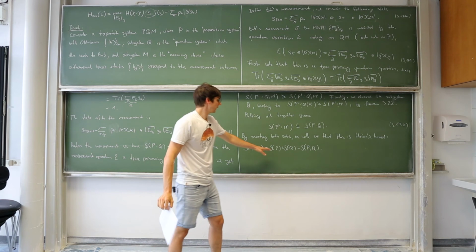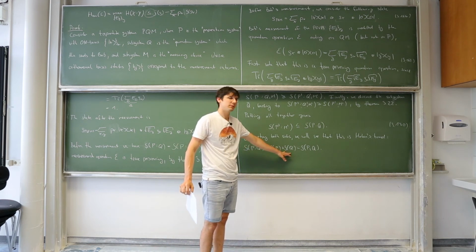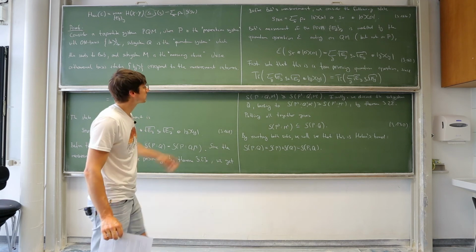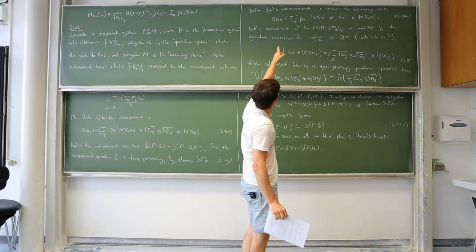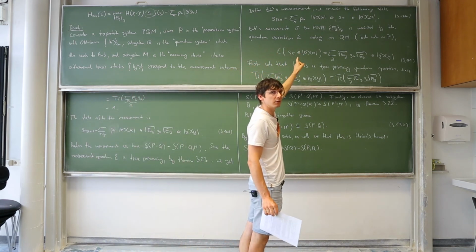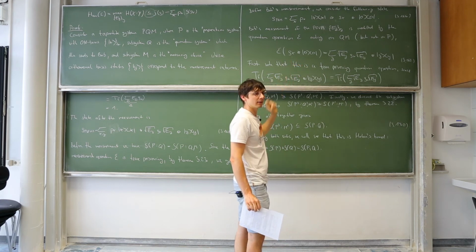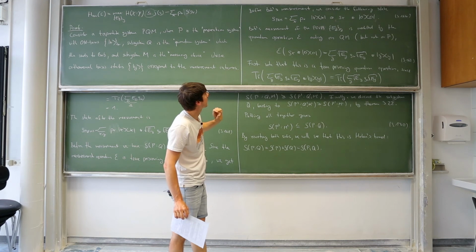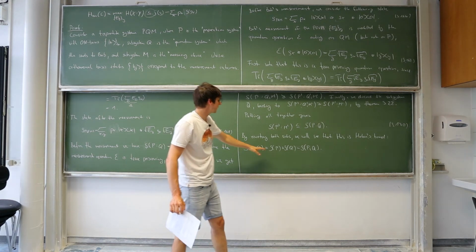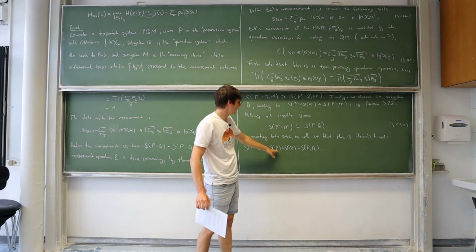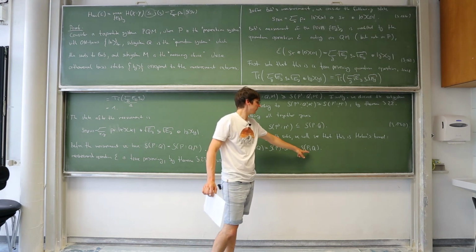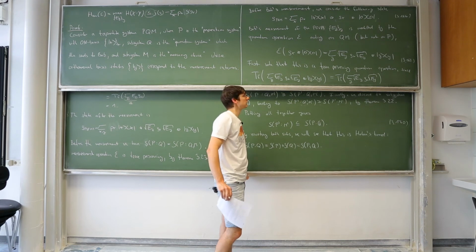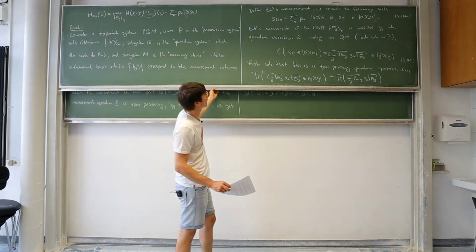And in order to get expressions for those, we have to take this density operator in 3166 and trace out all these respective systems such that we get the density operator of P, the density operator of Q, and the density operator of the system PQ. Okay? So this is what we're going to do now.